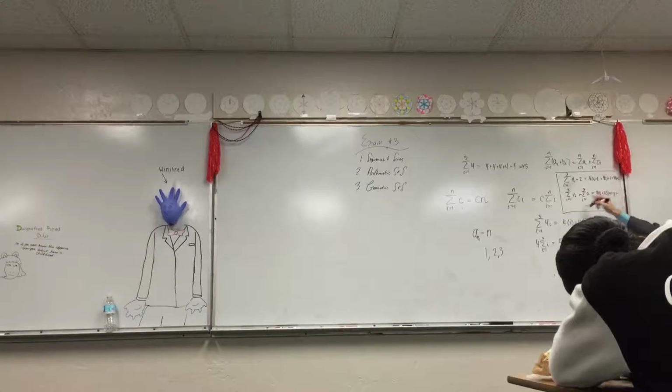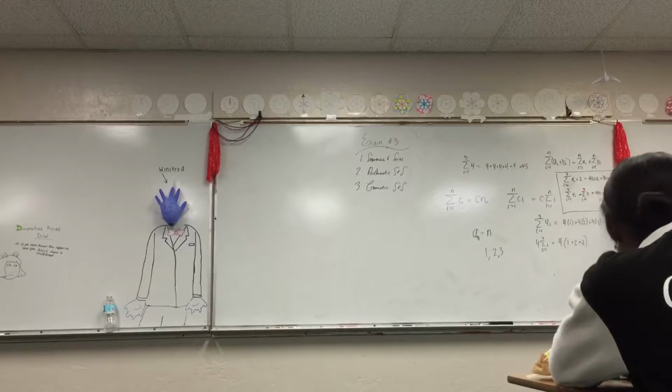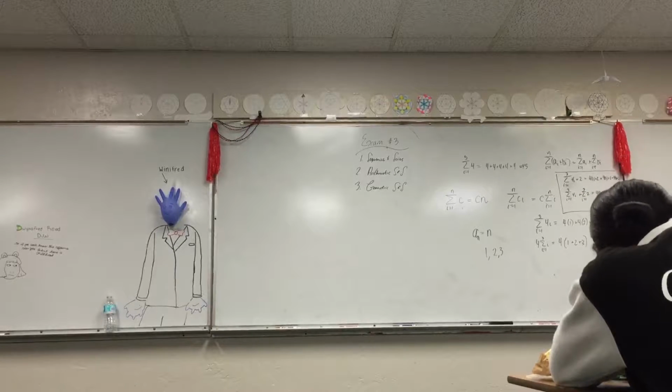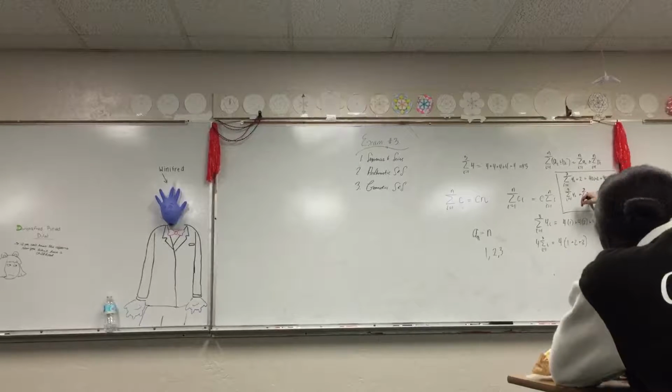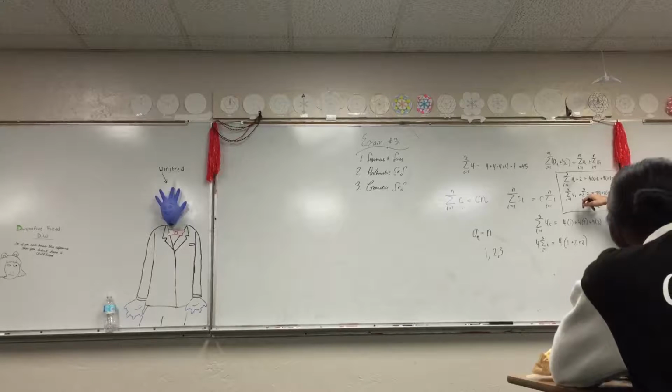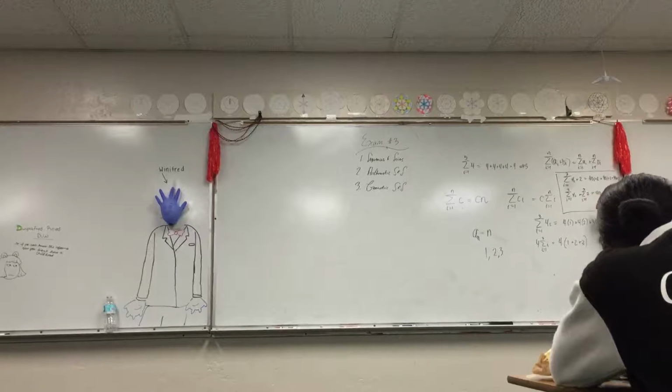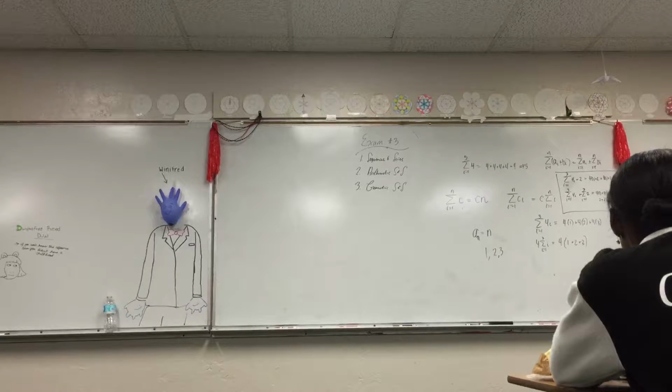Second term i equals 2, so it's 4 times 2. Third term i equals 3, so it's 4 times 3. And then the sum from i equals 1 to 3 of 2, nothing changes, it's just 2. So my first term is 2, my second term is 2, and my third term is 2. So I just do 2 plus 2 plus 2.